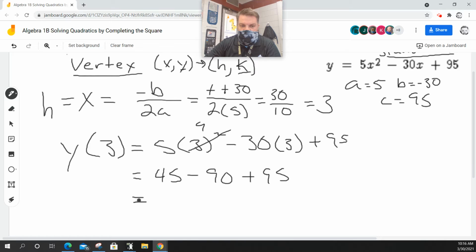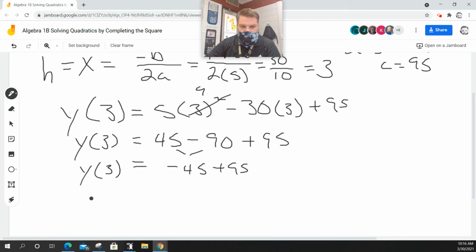So then, if we follow order of operations, adding and subtracting just goes from left to right. So 45 minus 90 is just negative 45, plus 95. And then lastly, 95 minus 45 is just 50.